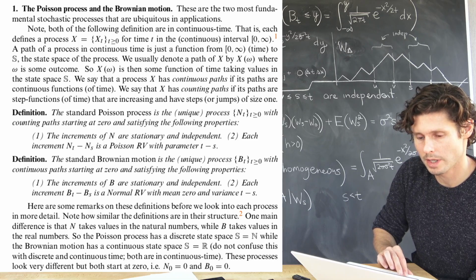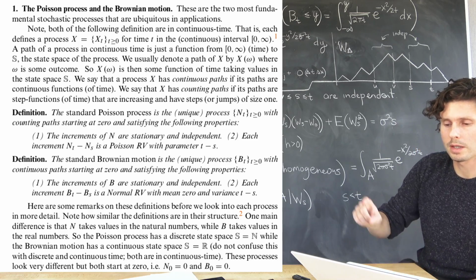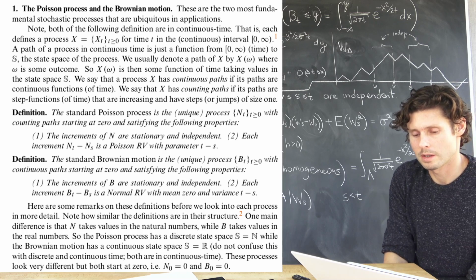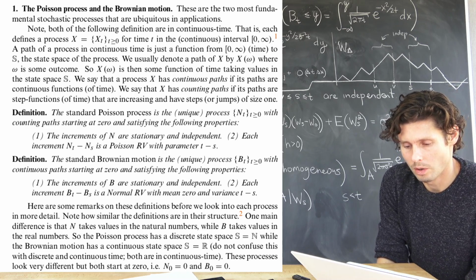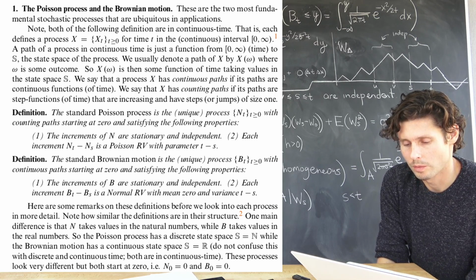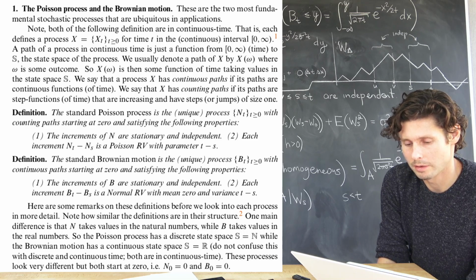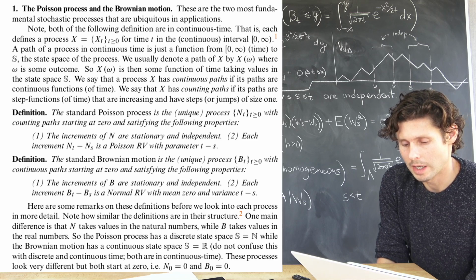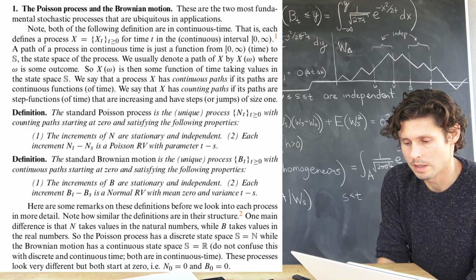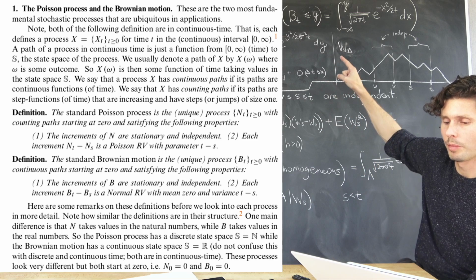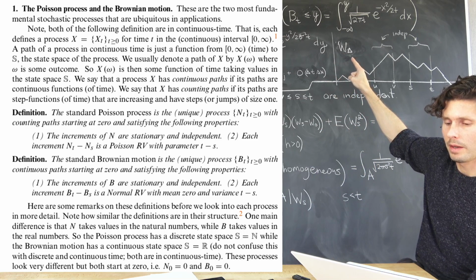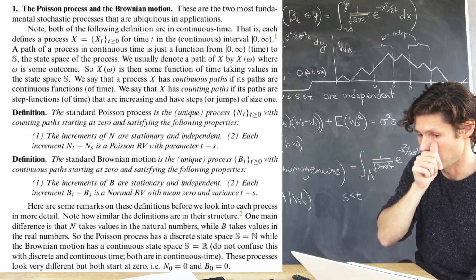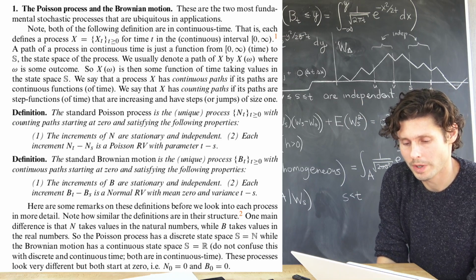Maybe the last thing I'll say here is that you may find it curious that the Poisson process has a definition that looks almost identical to the Brownian motion, with the exception of the distribution. The answer lies in the fact that you can actually design a random walk, a process n delta, that, when delta t and delta x go to 0, will actually lead to a Poisson process.